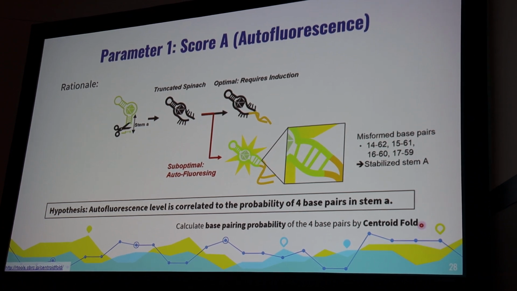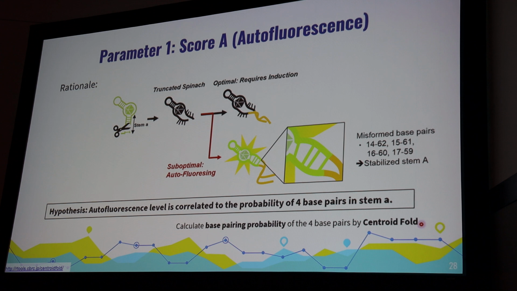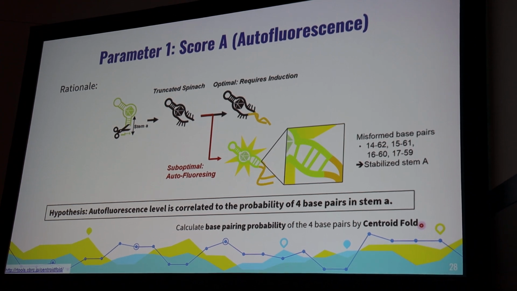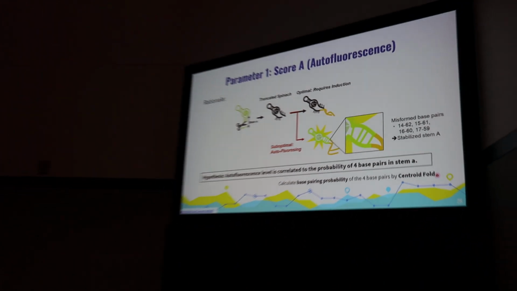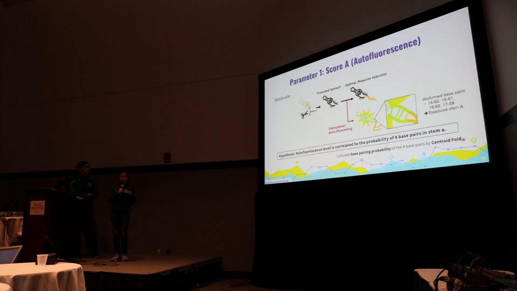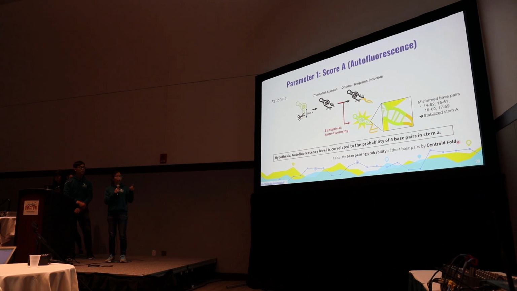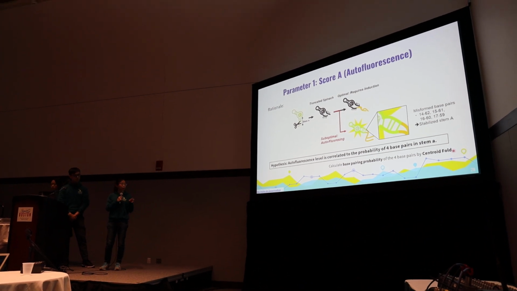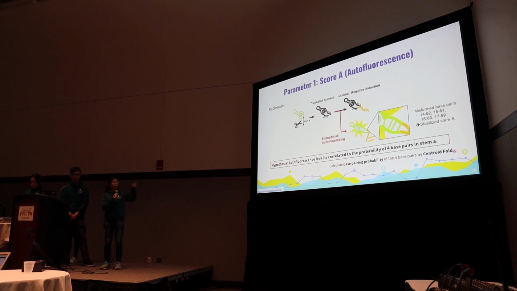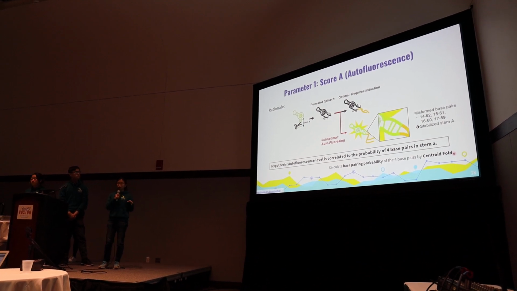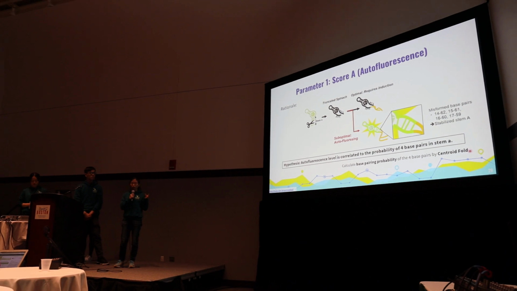So for parameter 1, we would like to give a score A to check the level of autofluorescence. We've considered the rationale that our RNA aptamer probe originates from an autofluorescing aptamer, Spinach, by removing one of its base pairs in its stem A, as shown here, to produce a truncated version so that it no longer fluoresces.